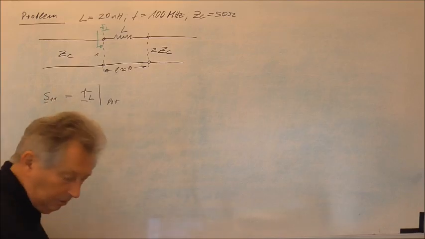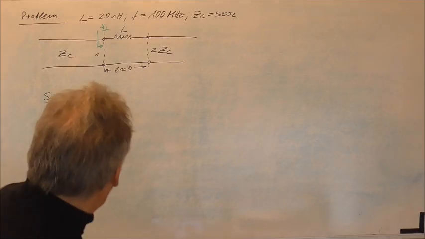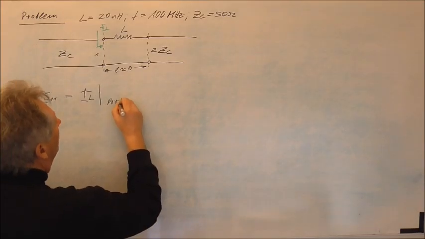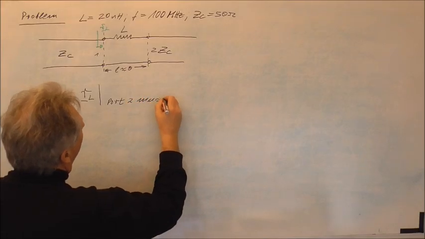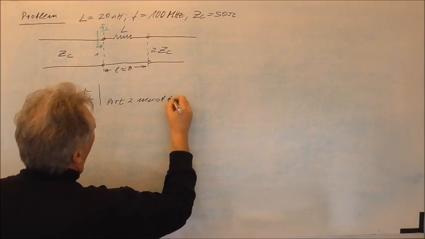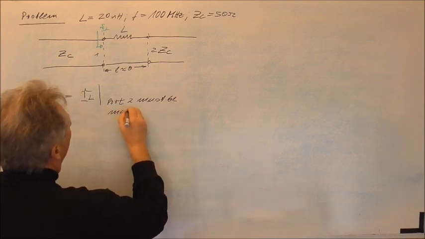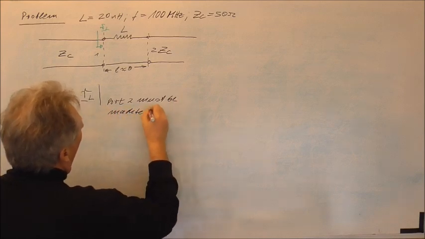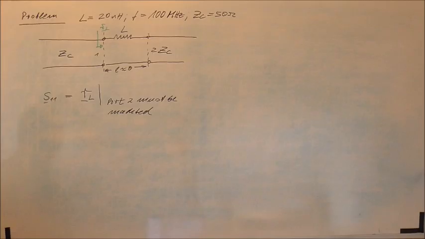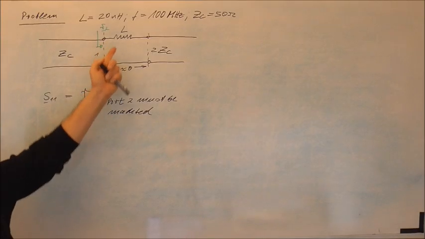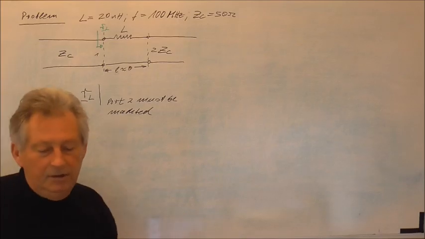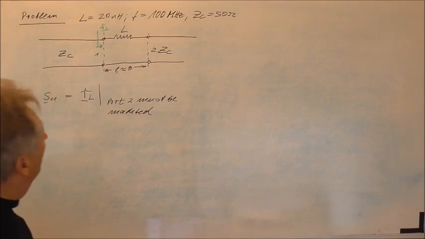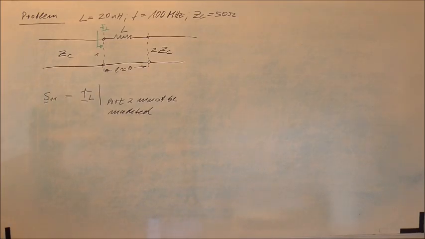No, sorry, not port 1 must be matched. Of course, port 2 must be matched. Under these circumstances, this is the S parameter S1,1 I see into our circuit here.